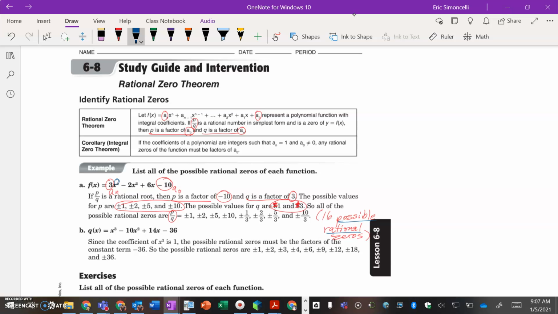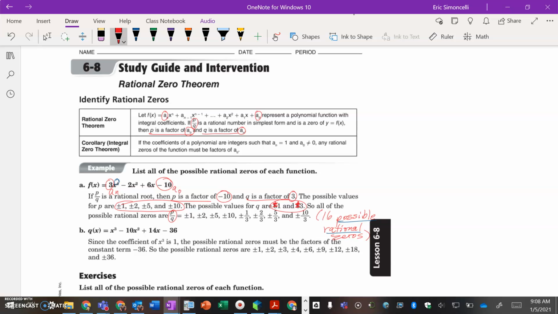You could have 2 imaginary and 2 real. You could have all real, of which are rational, but 4 real rational zeros, if you think about it, would then suggest that out of the 16, 12 of them don't work. Because, of course, if 4 are rational, 12 out of the 16 can't technically be answers.